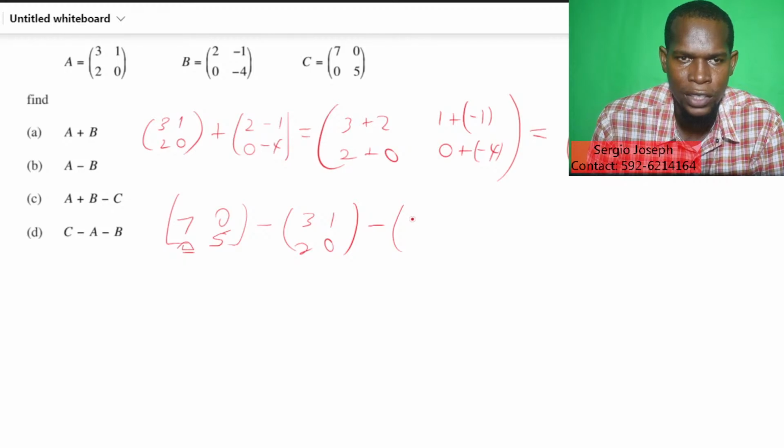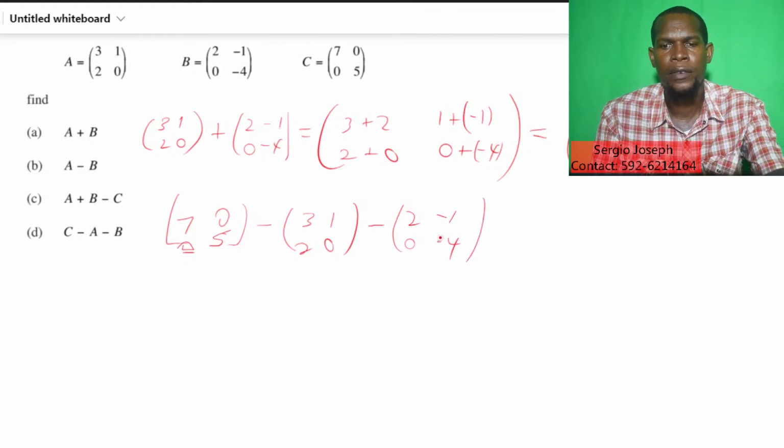You have addition and subtraction going on. And then we have B, which is 2, minus 1, 0, and we have minus 4. So that's it in a nutshell.